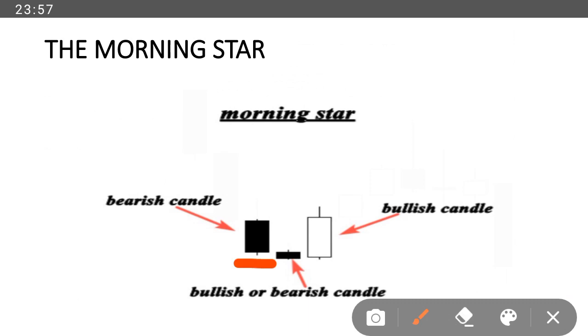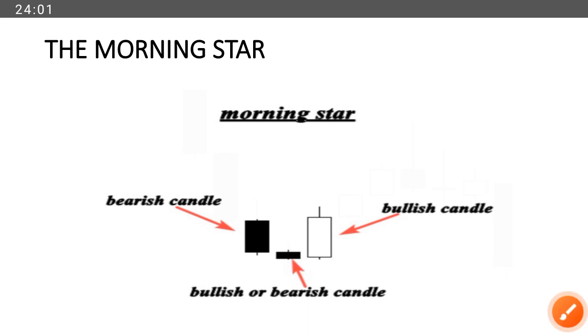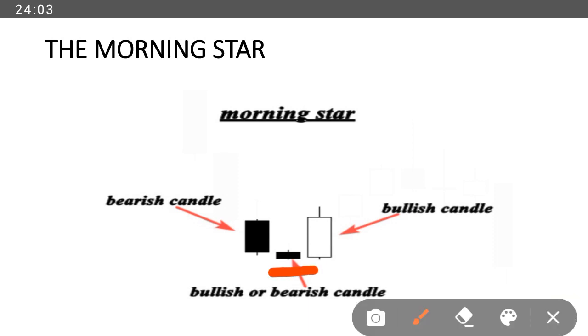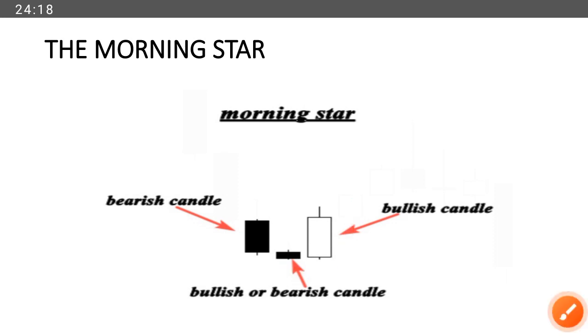Then a small candlestick. This small candlestick can be bullish, can be bearish. Then another one, which must be a bullish candlestick. So this is what we call a morning star, and it's a bullish pattern.